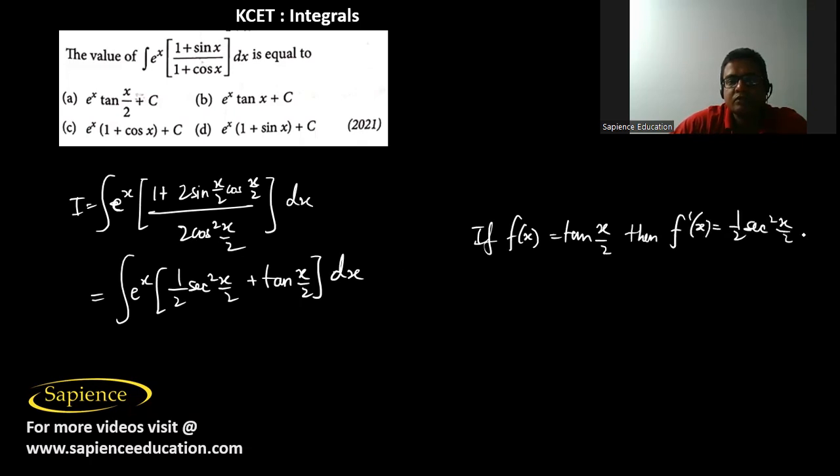Now suppose if we take f of x as tan x by 2, then f dash x will be equal to 1 by 2 secant square x by 2.